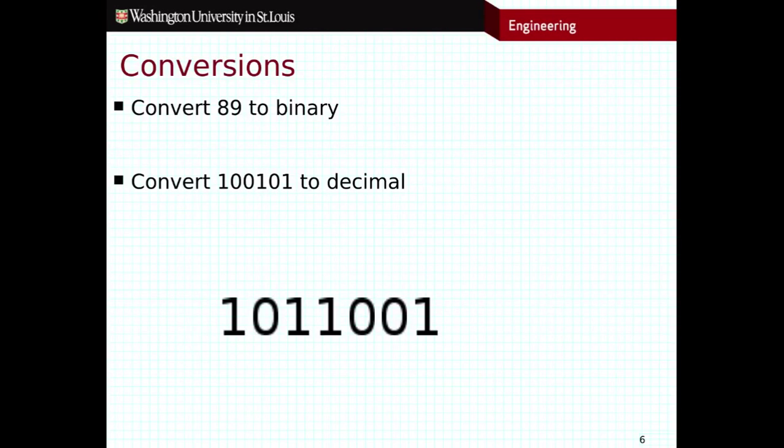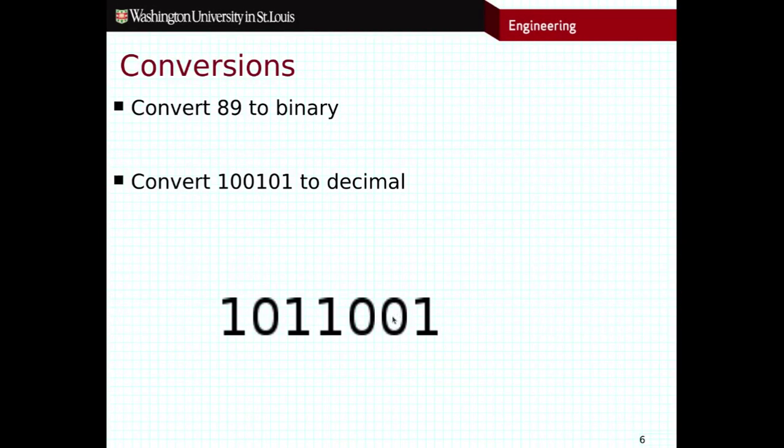In fact, one little trick that I'd like to point out is this very last bit here is sometimes called the odd bit. And there's a good reason for that. Anytime you have an odd number in decimal, this bit will be a 1. If you think about it, it's the only thing that could make a number odd, because all of the other digits are powers of 2, or are even numbers, right?